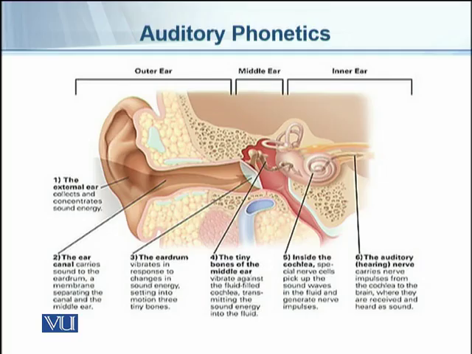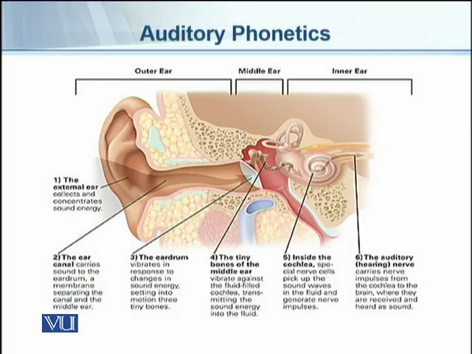These three tiny bones of the middle ear vibrate against the fluid-filled cochlea, transmitting the sound energy into the fluid, and then comes the inside of the cochlea. Special nerve cells pick up the sound waves in the fluid and generate nerve impulses, and then comes the last stage, the auditory hearing.